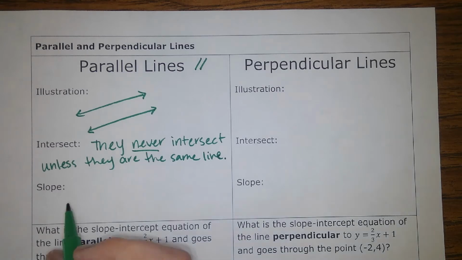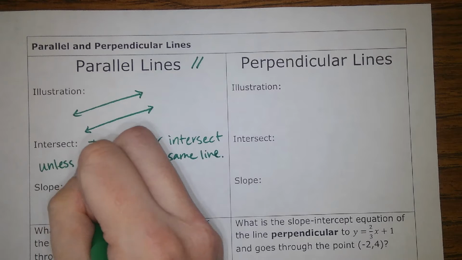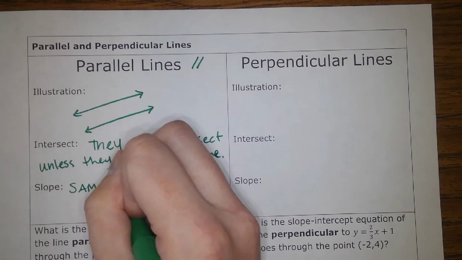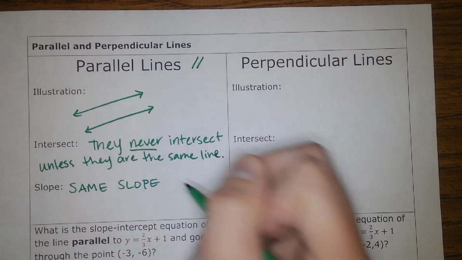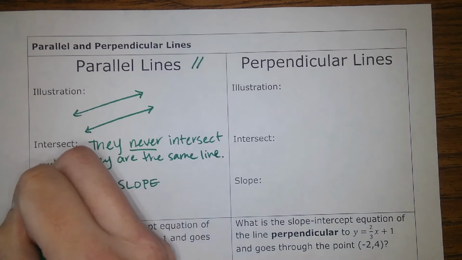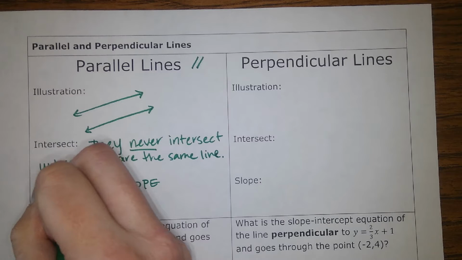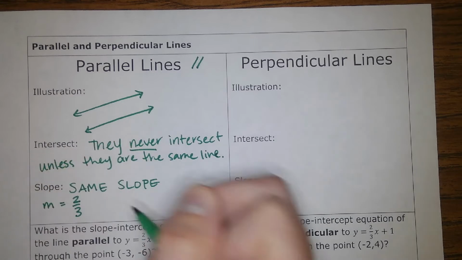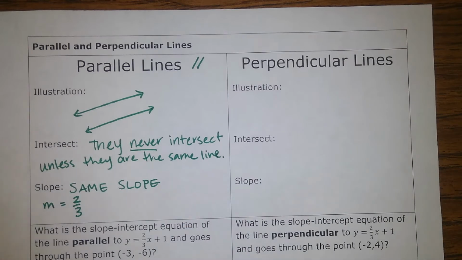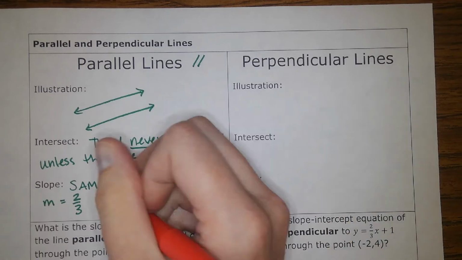And the slope for two parallel lines is they have the exact same slope. Okay, so if the m of our given line, let's say, is 2/3, then I'm going to go over here. I'm going to do a red because go Highlanders.